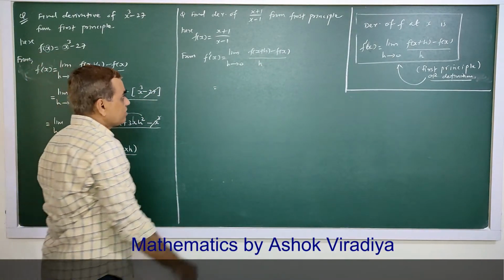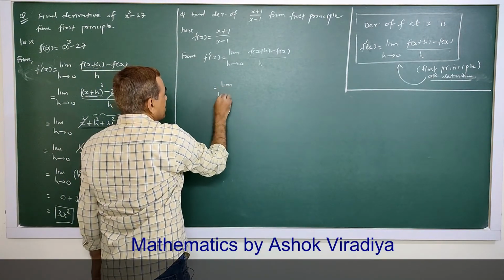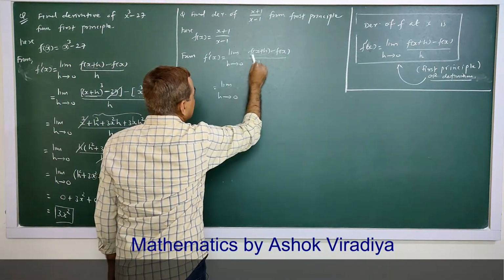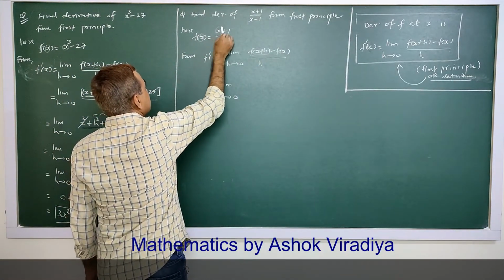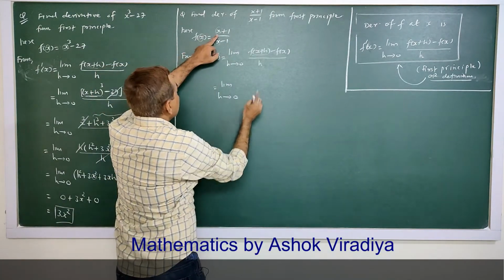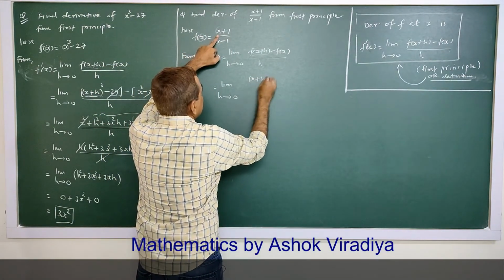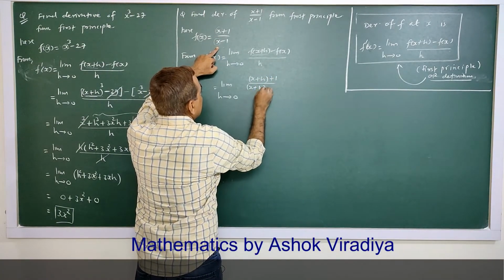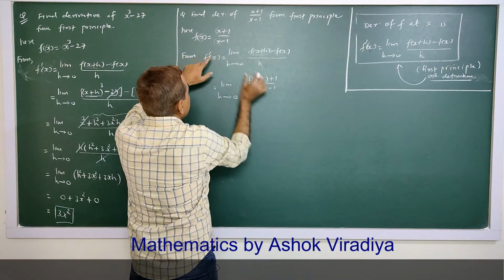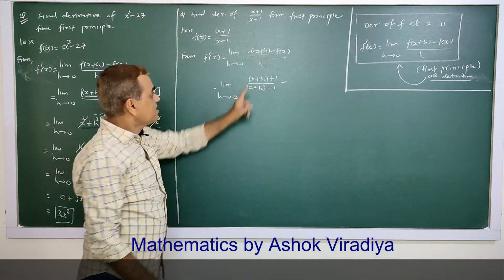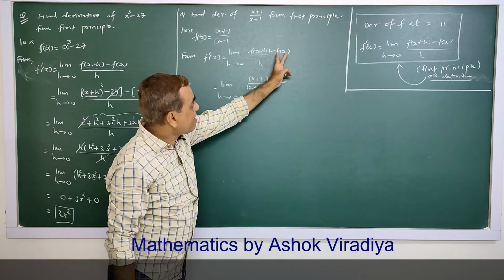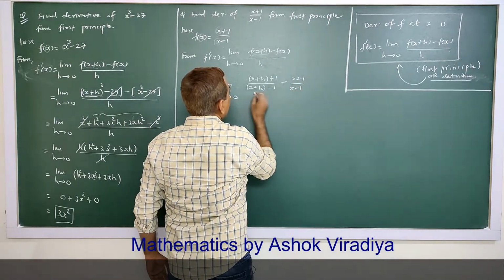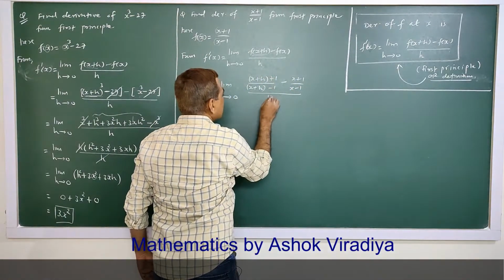Now putting values, limit h tends to 0, f of x plus h, so putting here x plus h, so f of x plus h is x plus h plus 1 upon x plus h minus 1. So this is f of x plus h minus, as it is, fx. Fx is x plus 1 upon x minus 1, upon h.